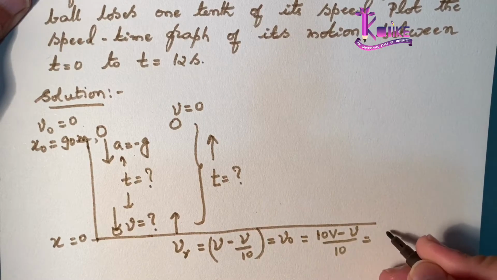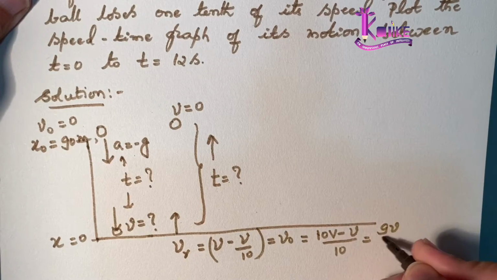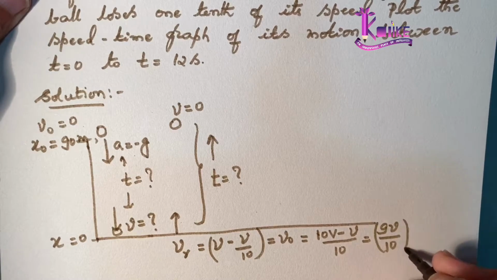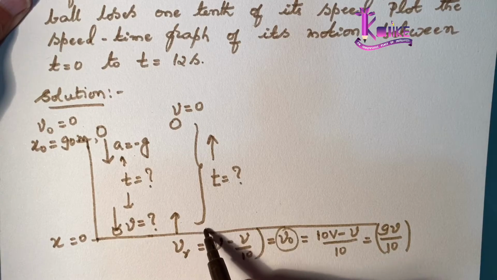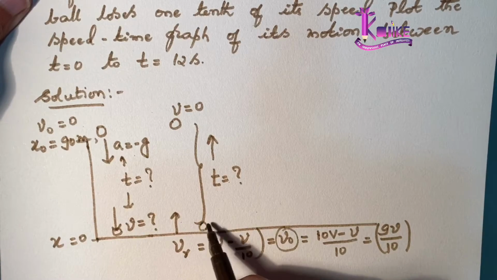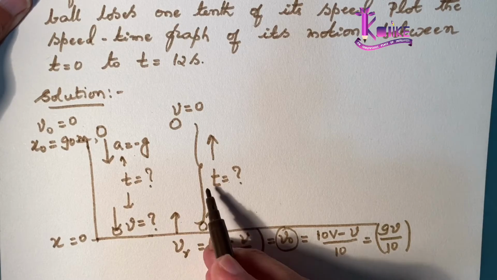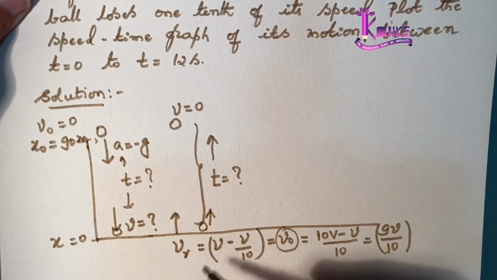So 10v minus v should be 9v divided by 10. So this becomes your initial velocity when the ball hits the ground and bounces back.